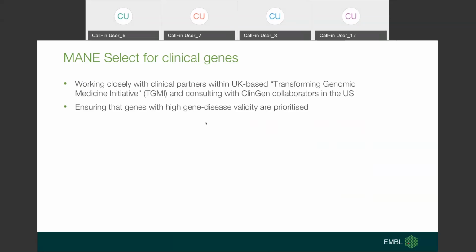And in everything that we're doing, and everything that we do manually, and everything that we release, we are giving higher priority to genes that we know have a strong gene disease link. So we know they have been validated by the community and we know they are clinical genes. And when available, we take into account tissue specificity or the element that is clinically relevant when making our decisions.